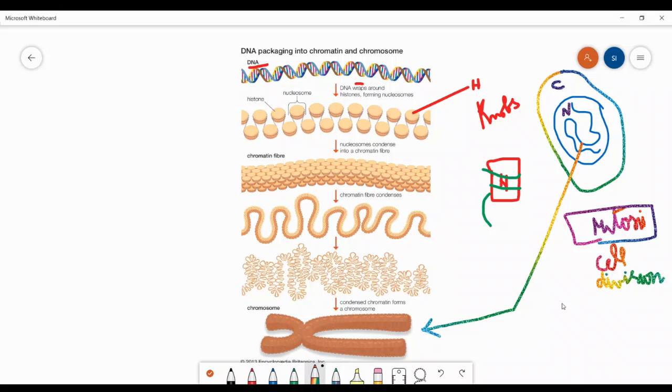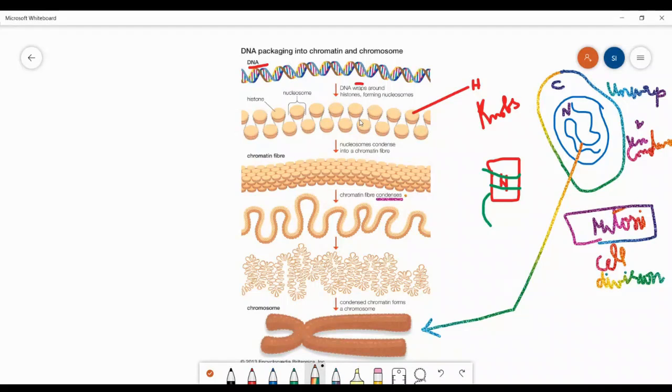So from this unwound, unwrapped, and uncondensed state, these are the keywords, the chromatin or nuclear material is transformed into chromosomes by a process of wrapping around histones and condensation.